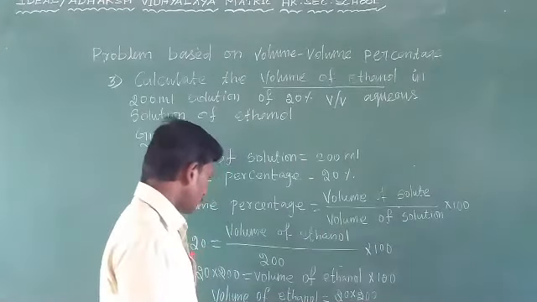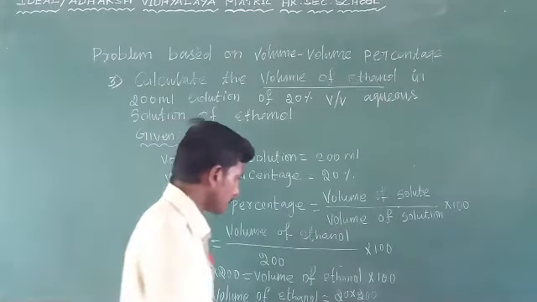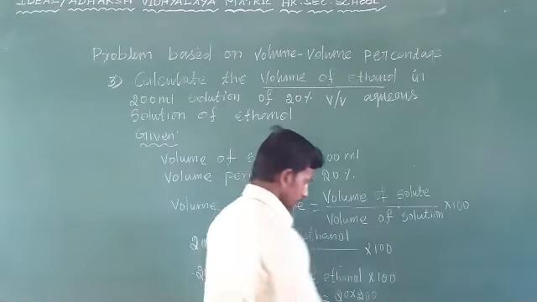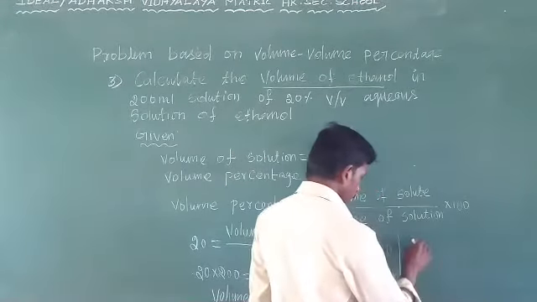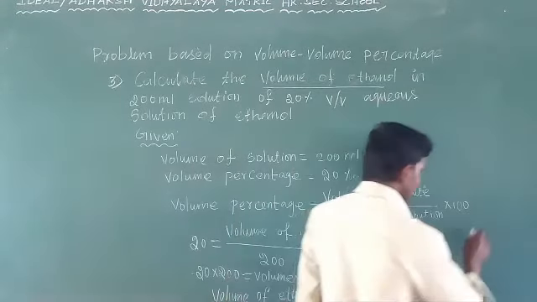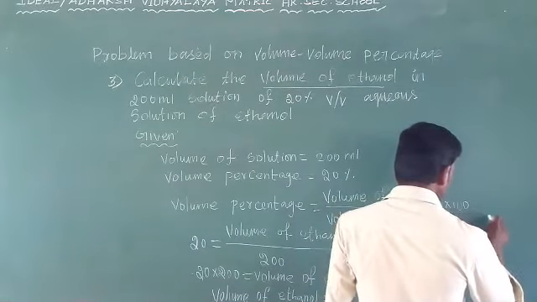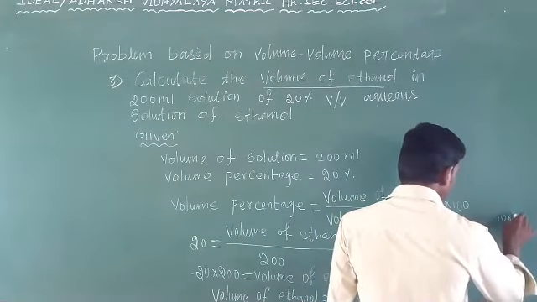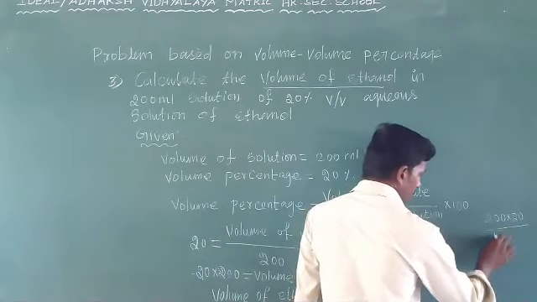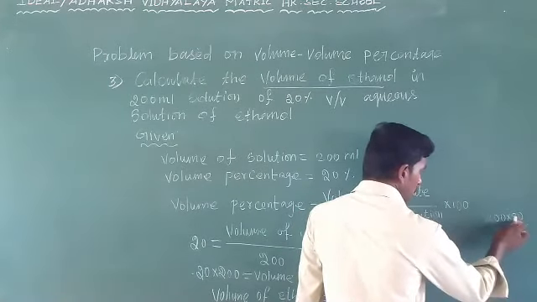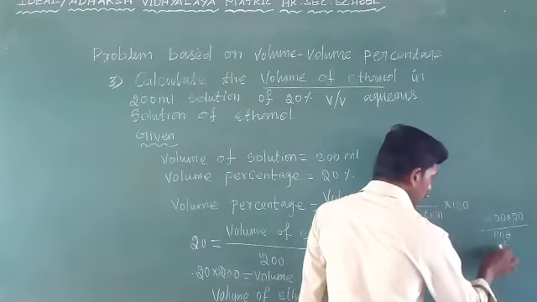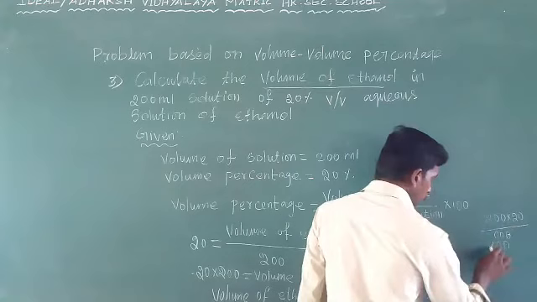Now to simplify that, 200 into 20. Multiplying by 0 gives 0, 2 into 0 is 0, 2 into 2 is 4.